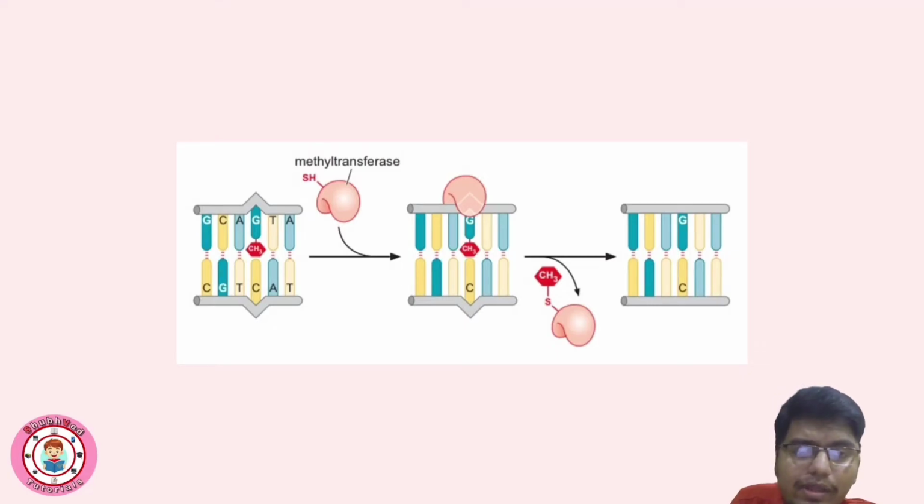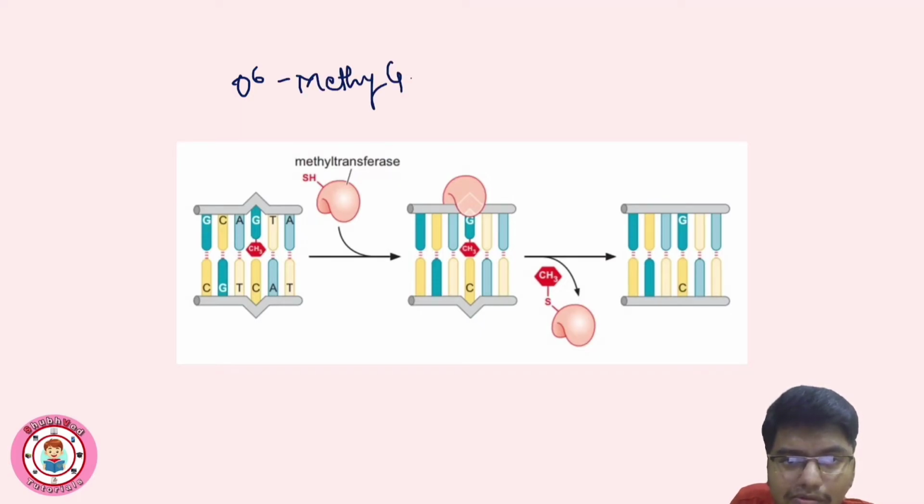Now there is one more example: a damaged base, that is O6-methylguanine. This is a product of methylation taking place in the guanine, right? So this has to be repaired. Here comes the enzyme methyltransferase. What will methyltransferase do?